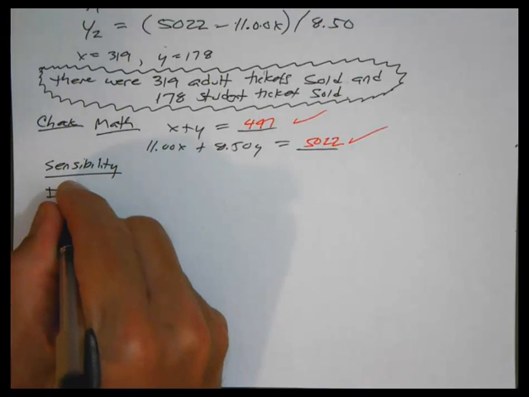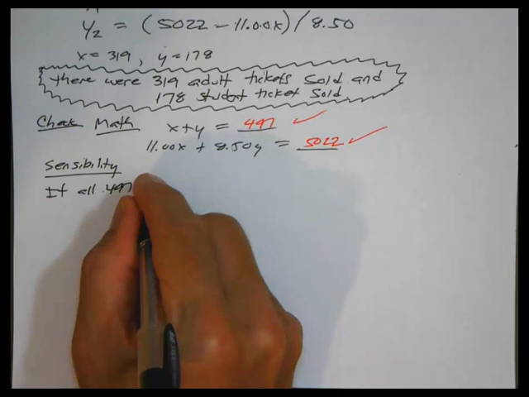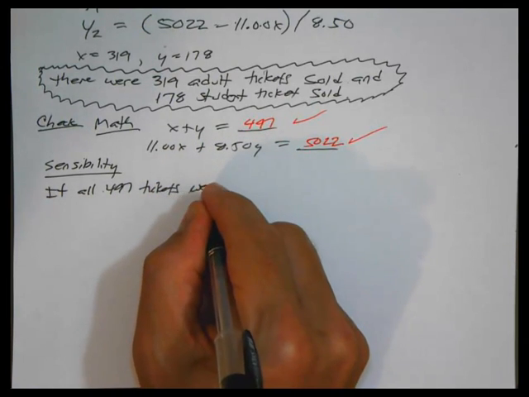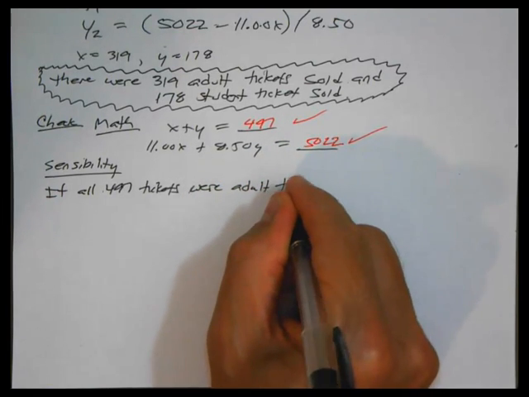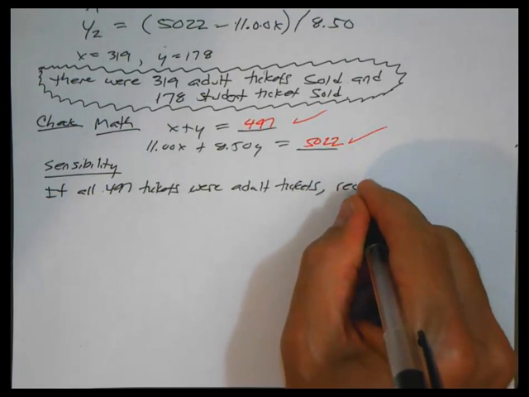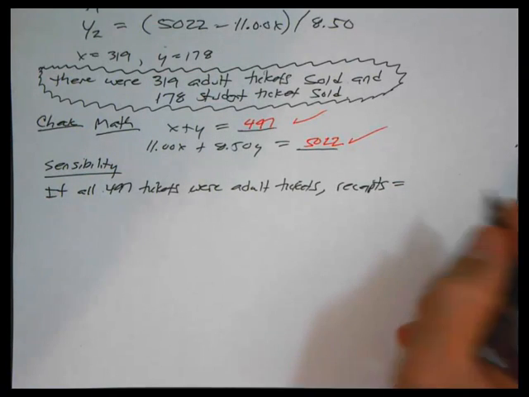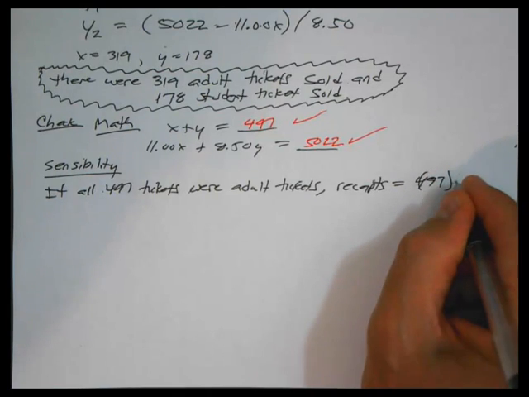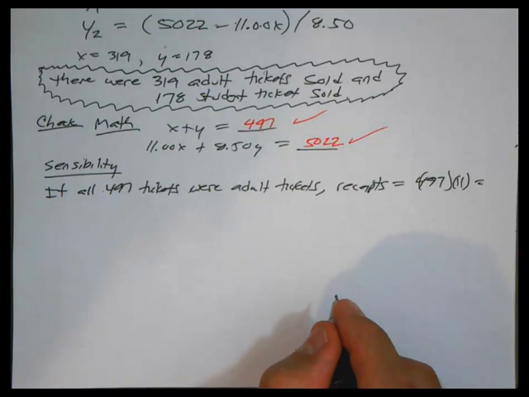Okay, so if all 497 tickets were adult tickets, the receipts would equal, now here's one that's not hard to do. You just would have your 497 times 11, and we'll work that on the calculator in just a moment.